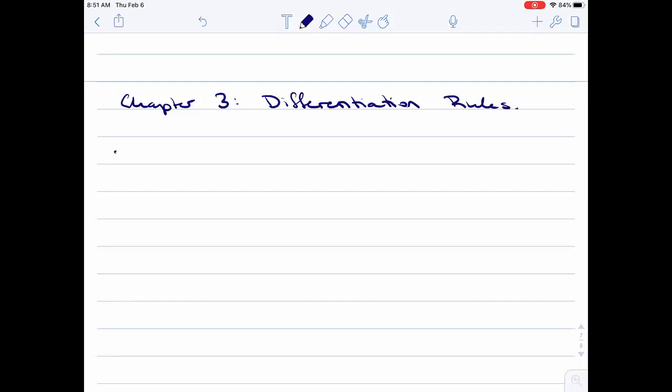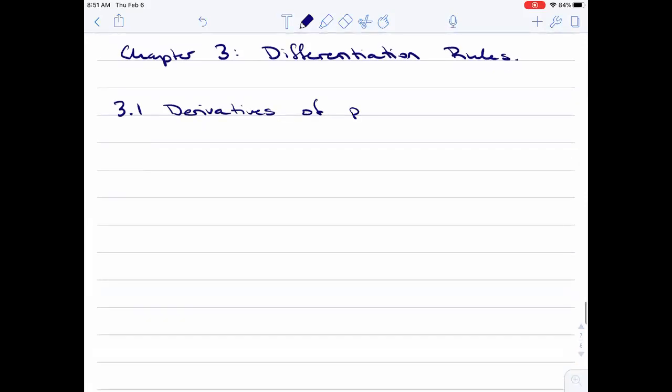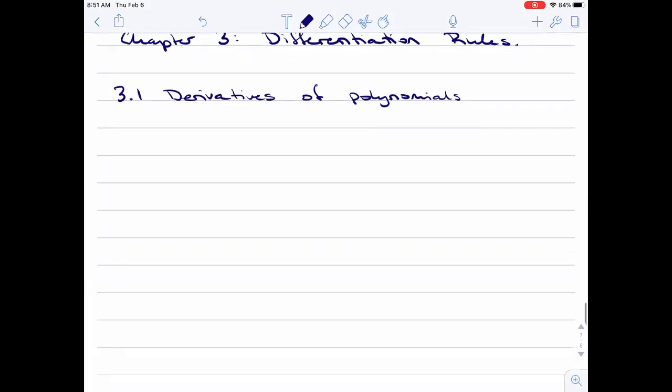So we'll start there and work our way up. Section 3.1 is derivatives of polynomials and exponential functions.